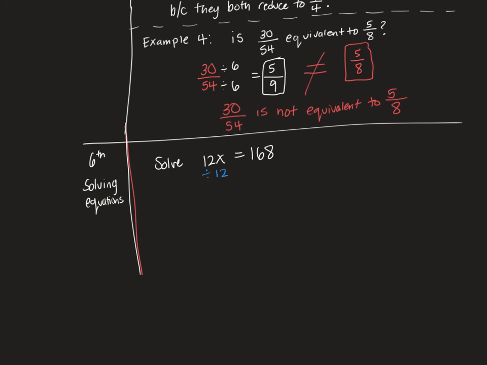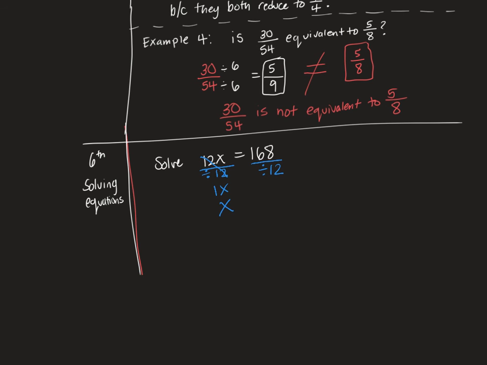What am I saying? So if I divide both sides by 12, you can also write the fraction like this. I usually write the fraction, but some of you, it helps you to just write the symbol to divide. 12 divided by 12 is 1, but I don't want to write 1x because 1x is the same thing as saying just x.